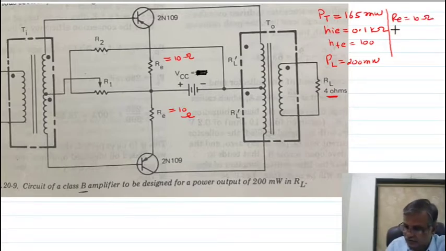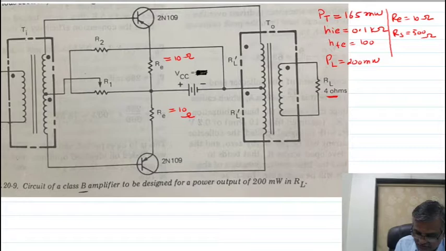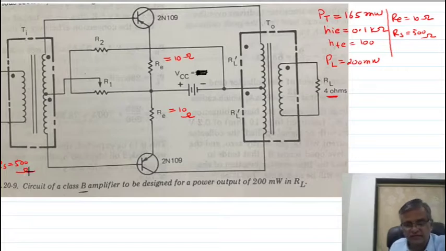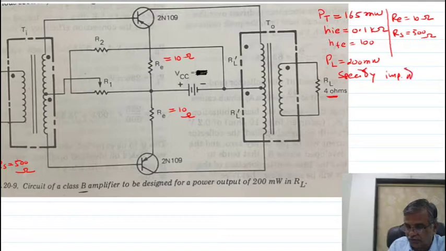The source resistance they have given is 500 ohm. Now specify the impedance of the input transformer and output transformer, and also the values of R1 and R2.